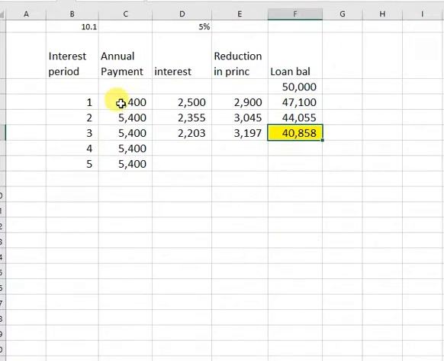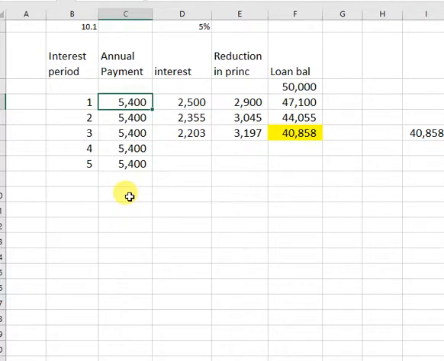Notice what happens if I actually make a little bit more principal payments. So remember, I'll type that number out here. 40,858 is our balance. But let's just say I can make an extra $200 of an annual payment. So I have $5,600. And I'm going to pull that $5,600 down, and look what happens to the balance.